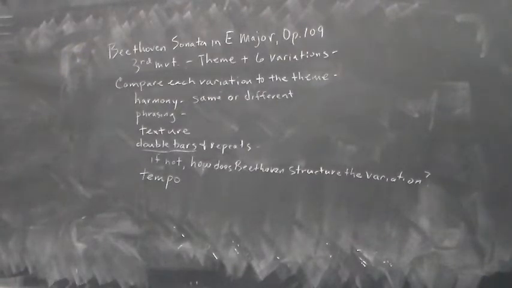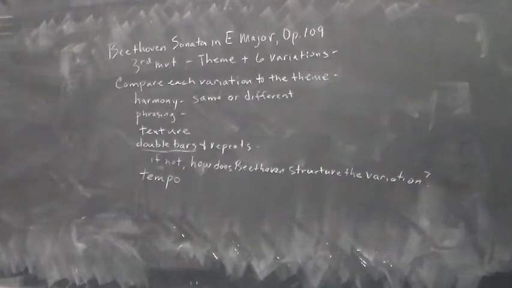Now, he really expands the range. He takes it up into that top register. There's that falling third, and so forth. So really the first variation is the one that's the closest to the theme, the least amount of change.